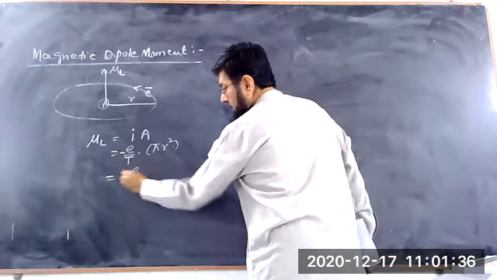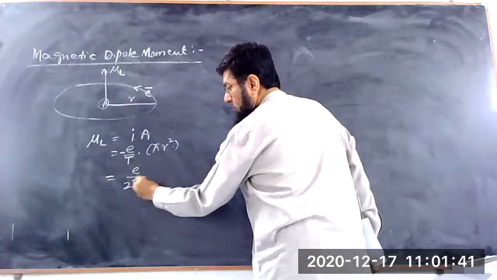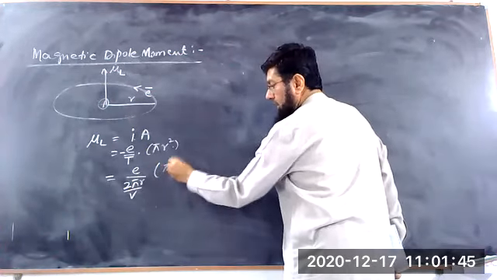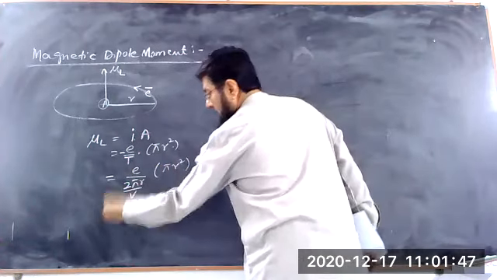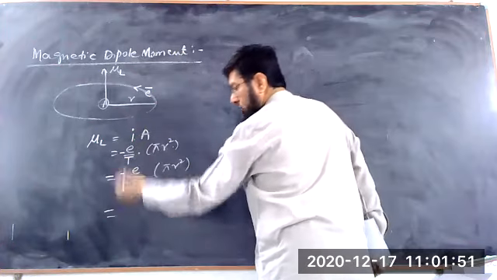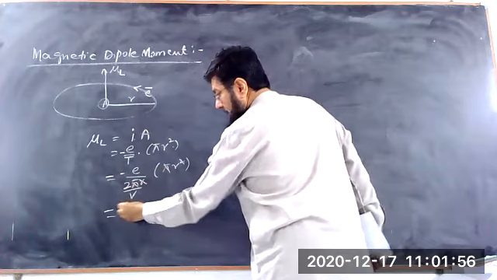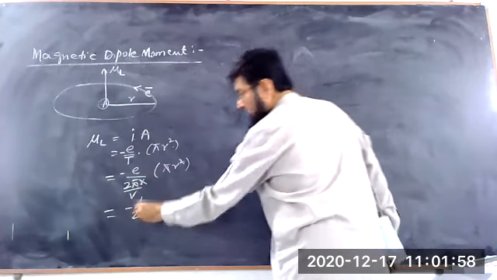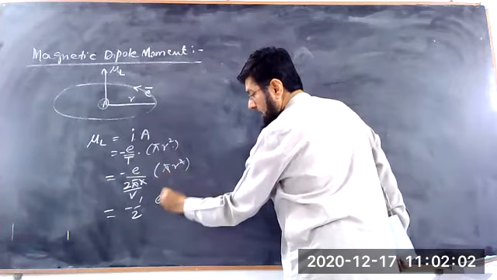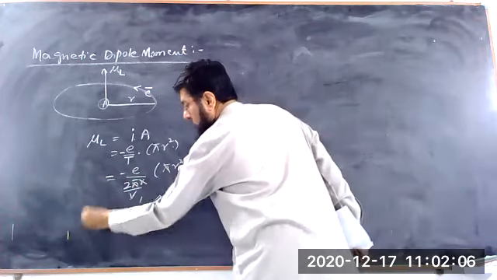The time period is equal to the circumference 2 pi r upon the velocity v. So this can be rewritten as: r cancels, pi cancels, and this is equal to minus 1 upon 2 e r v.